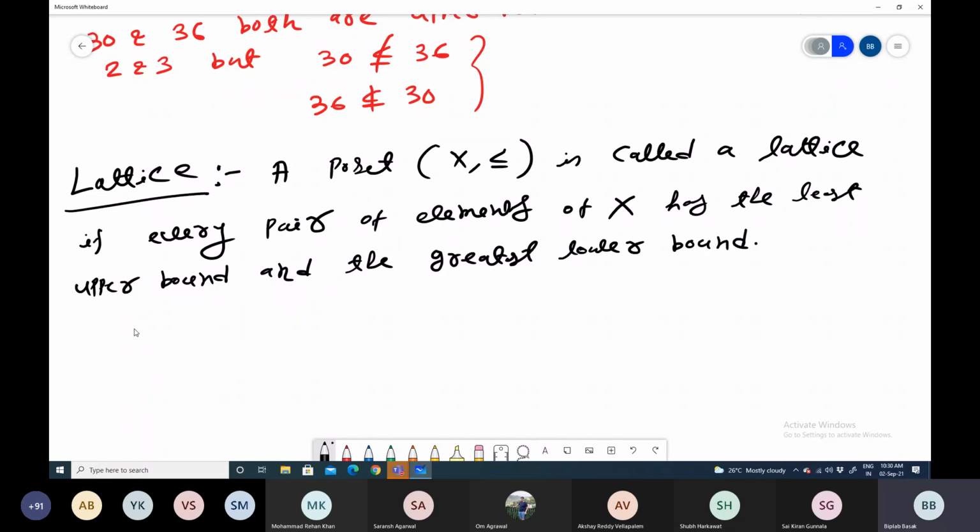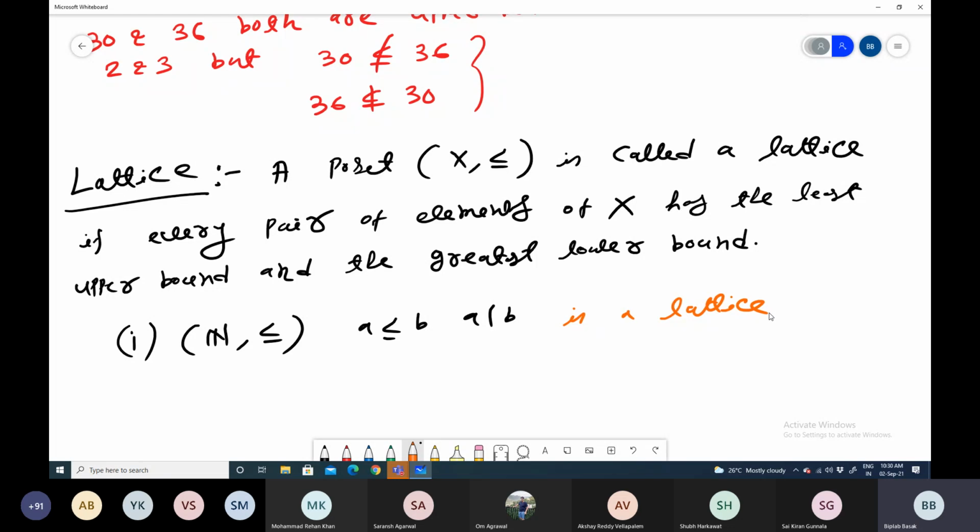Okay. So for an example, if you take natural numbers with this relation, then is this a lattice? Yes or no? Yes, sir, it is a lattice.